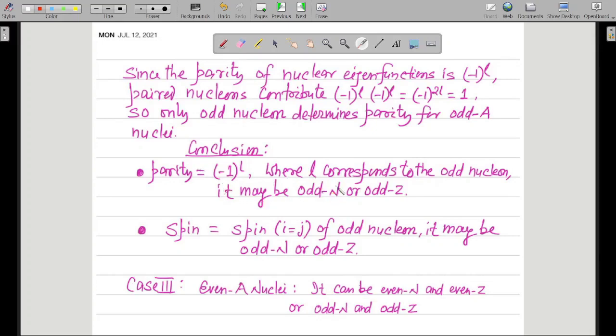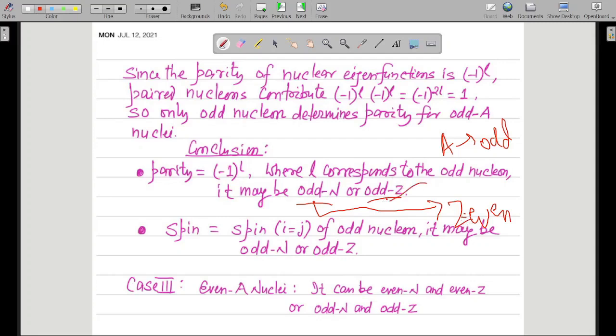It may be odd N or odd Z. You can clearly see that either the value of N can be odd or the value of Z can be odd. If the value of N is odd, then Z will be even, because we are talking about an odd A nucleus. So if N is odd, then Z must be even, because even plus odd only gives odd.